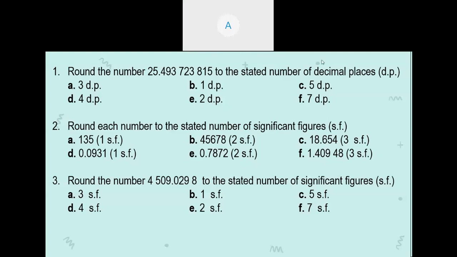For the example, I will try to explain question 2A. In here, one significant figure, so it means we have to find the first significant digit. The first significant digit is the number 1. If you get confused, the number 1 is at the 100 place, so it is the same thing as rounding off this number to the nearest 100.